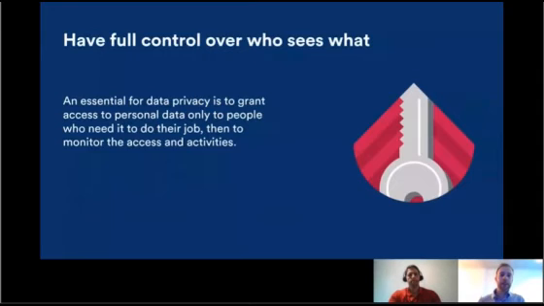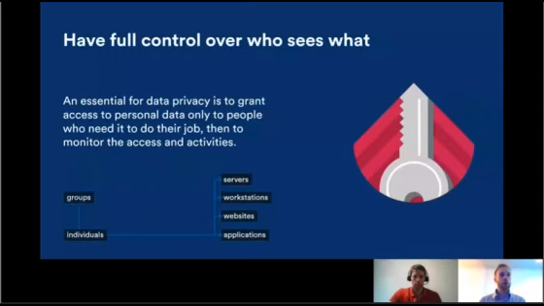This is all about giving access rights only to the people who need to have access to those things, and properly defining what users can do with these resources, because those users should only have access to personal data when it is necessary for their day-to-day tasks. Again, you can manage groups or individuals who have access to servers, workstations, websites, or applications, for example.